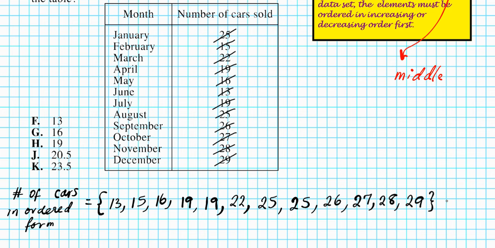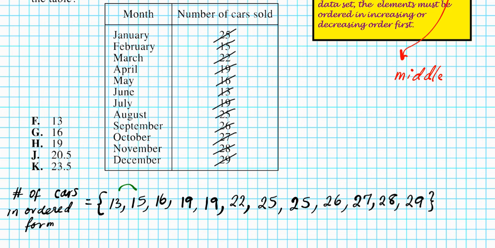All right, so we should have 12. Okay, so whenever you have an even number of elements in a set, you have to average the middle terms. Okay, so we're going to count to the middle and then we'll see what happens. So we have 1, 2, 3, 4, 5, 6, 7, 8, 9, 10, 11, 12. So at the middle, we have two numbers.